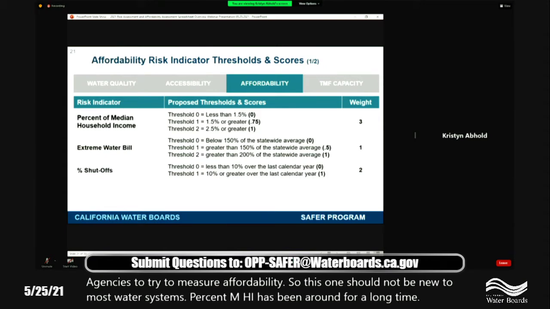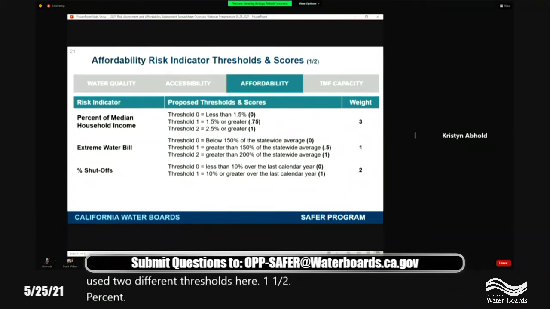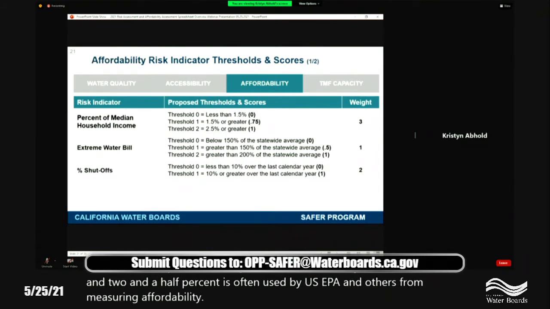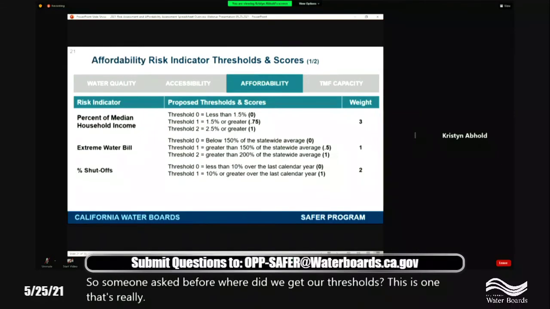We used two different thresholds here, 1.5% and 2.5%. 1.5% is often used by the Water Board, and 2.5% is often used by US EPA and others for measuring affordability. So someone asked before, where did we get our thresholds? This is one that's really grounded in policy and regs that a lot of the state agency and others use.